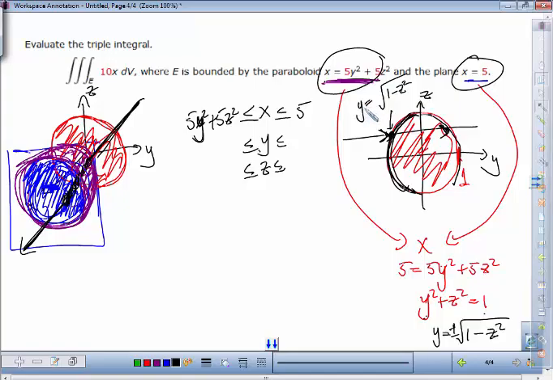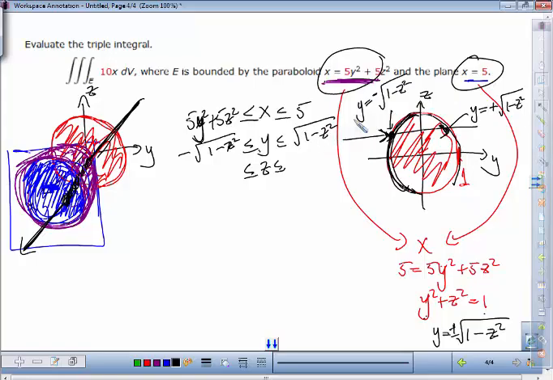What should it be? It should be a negative, because I'm going into the negative side, and then I'm going to get out on the positive side. So those are my limits for y. So negative square root of 1 minus z squared, positive square root of 1 minus z squared.